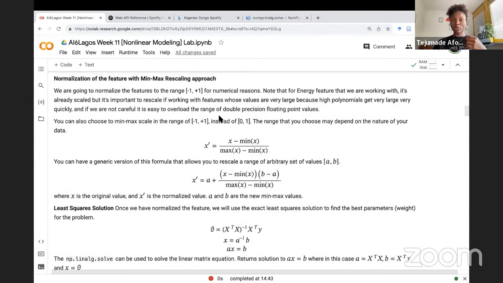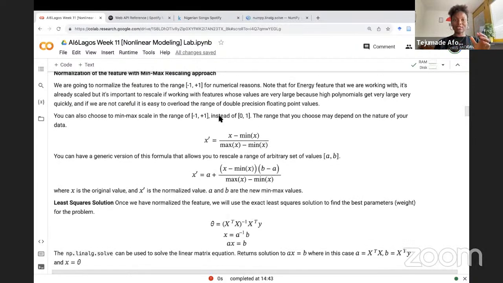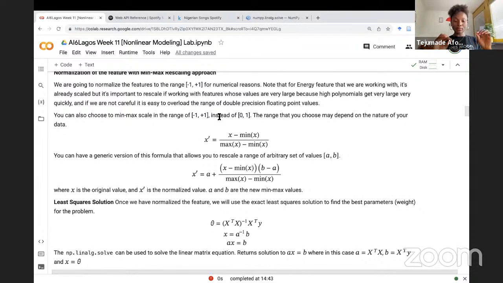One of the ways to scale the feature down is called min-max rescaling or normalization. As the name suggests, it tries to rescale whatever feature or vector you give it to be between the minimum and the maximum that you have specified.